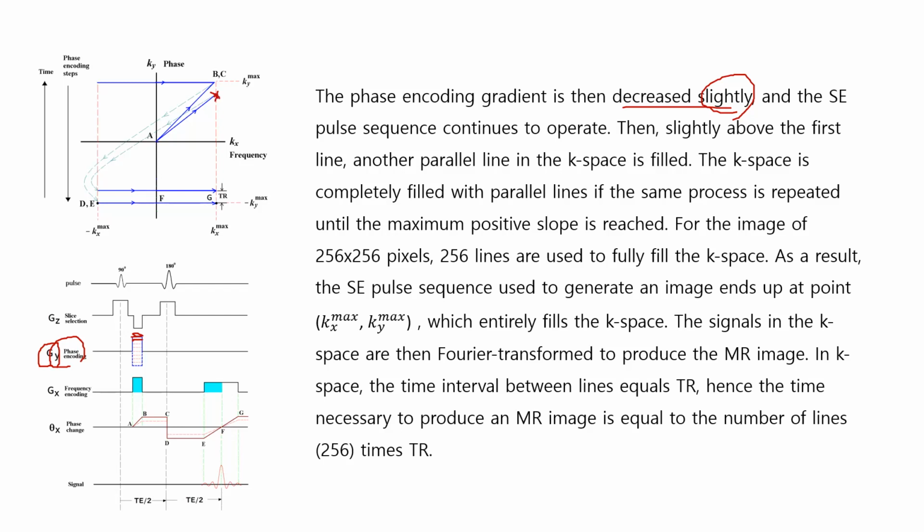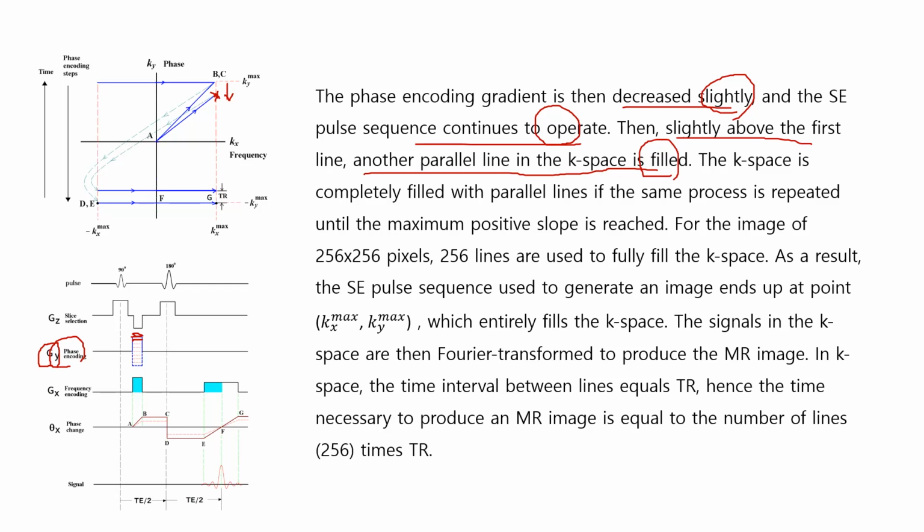Okay, so the ky is lowered. And the spin echo pulse sequence continues to operate. Then slightly above the first line, another parallel line in K space is filled.